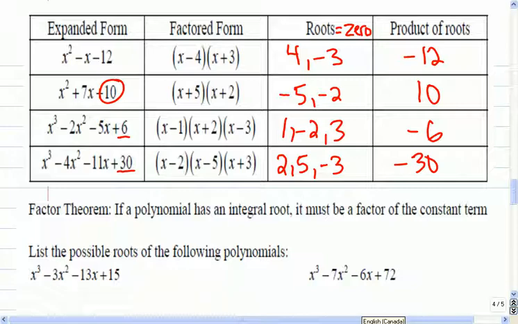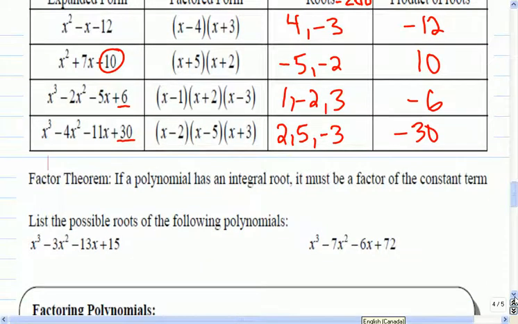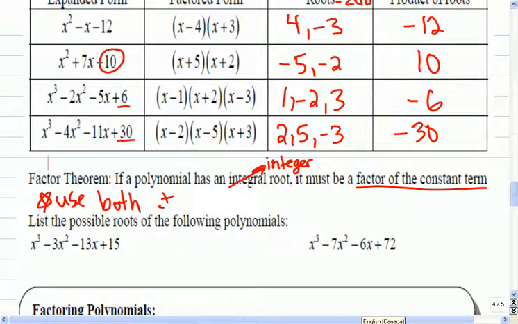Okay, so factor theorem, if a polynomial has an integral root, this just means integer, it must be a factor of the constant term. And what we have to keep track of is use both the plus and minus factors. Because we don't know where our search is going to take us, if it's positive or negative.